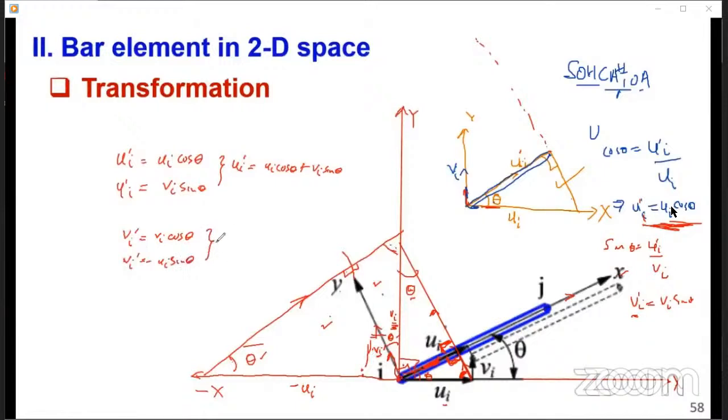And when you match these two, you're going to get VI prime is equal to, no, we need to correct that. We're going to get minus UI sin theta plus VI cos theta.